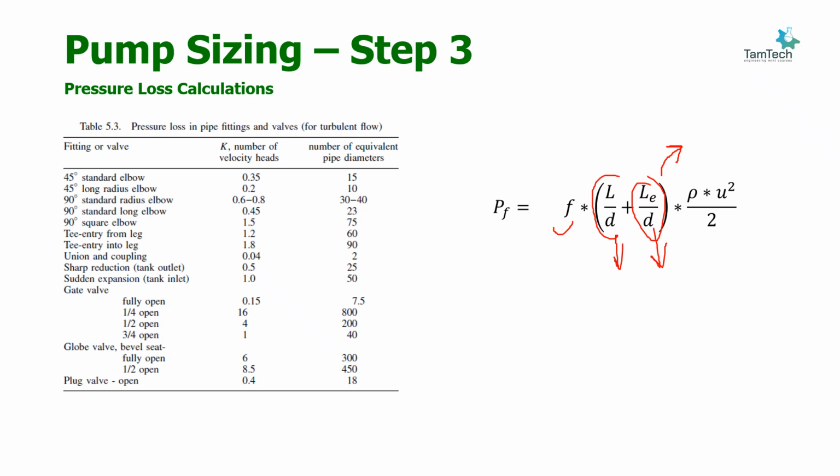Multiplying it by the friction factor and U² ρ divided by 2 will give us total head loss. And in order to find f, as I mentioned beforehand, we need the Reynolds number and relative roughness.